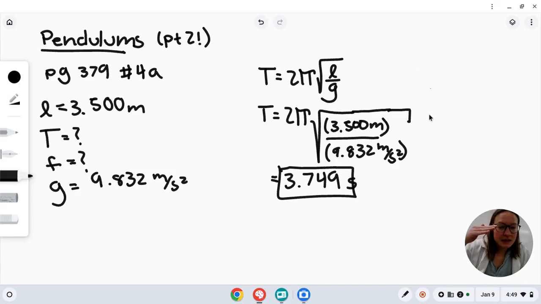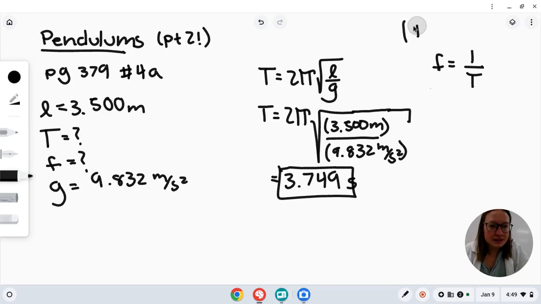Isn't period the amount of time per oscillation? And isn't frequency oscillations per time? Do you see how those two concepts are just flip-flops of each other? They're just reciprocals. So if I wanted to find the frequency, it is just 1 over the period. Likewise, bonus fact, the period is 1 over the frequency.